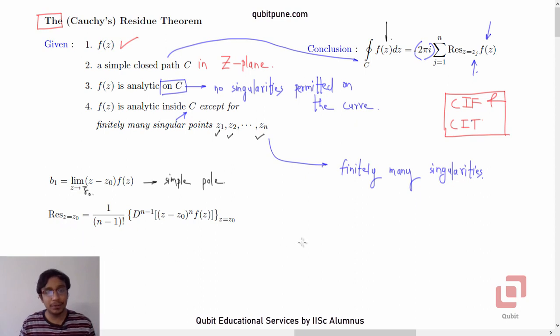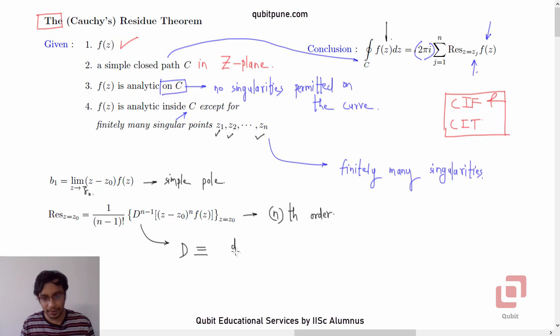And if it is a pole of nth order at z equal to z0, then you find the residue by the other formula which we obtained: 1 upon (n minus 1) factorial times the (n minus 1)th derivative.